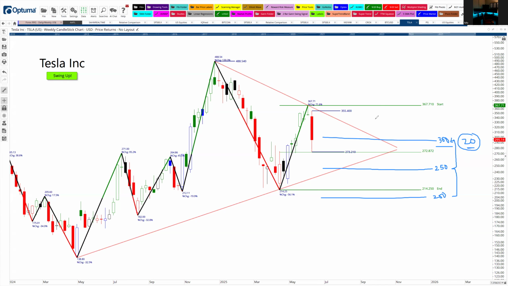Let the position work. If the position moves from here in the next several weeks, two months, three months, you've got almost a year. Go a year, even longer. Who cares? You only have 20 delta with no time decay. The premium is not costing you anything to hold them.